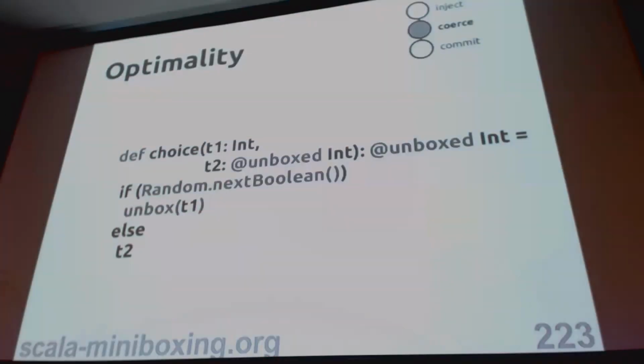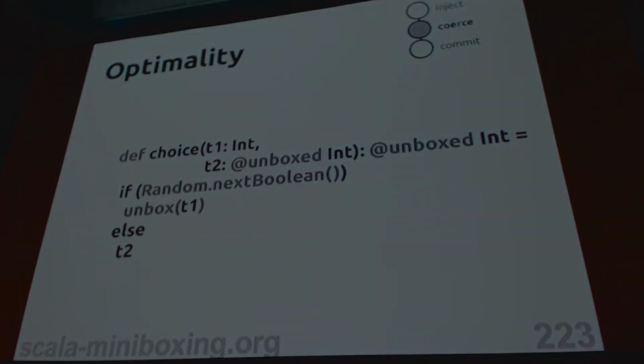Great, optimality. So, choice again. We take the same example as before. T1 is boxed this time. And what do we see here? There would be two ways to transform this code. You could either unbox T1 or box T2 and unbox the if expression. The type system propagates the expected type through any node, which I call transparent, like an if expression.